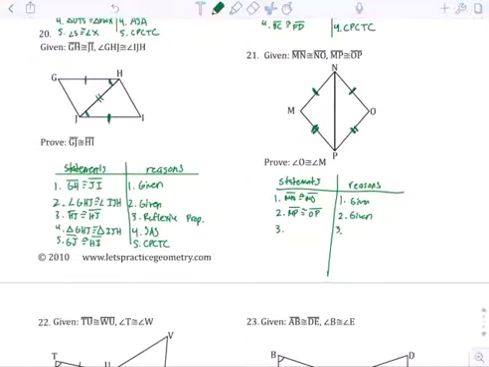So we wrote our given statements, so let's see if we can figure out anything else. Well, I see that NP is congruent to itself, so NP is congruent to NP. Reflexive property. 4. Now we got side, side, side for both triangles.